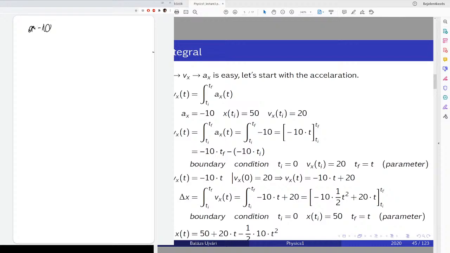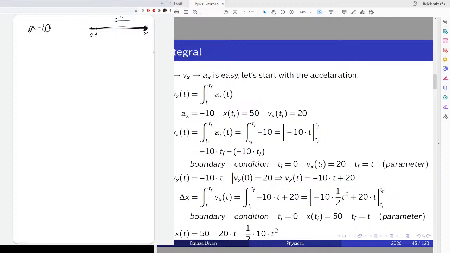We are only in one dimension, so if we have an x-axis, the acceleration goes opposite to the positive direction of the x-axis.